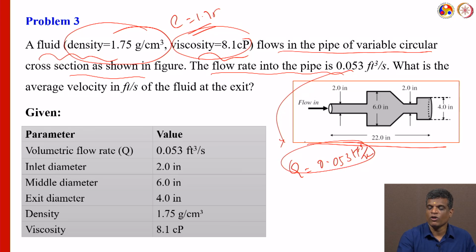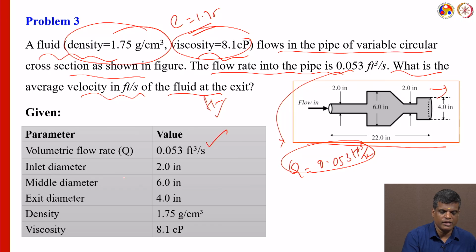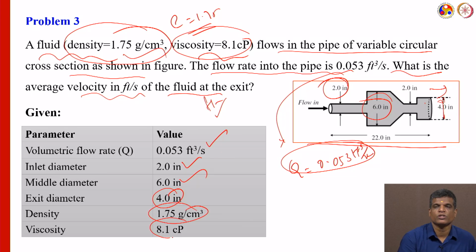Then they are asking what is the average velocity in feet per second of the fluid at the exit, when it goes outside. The inlet diameter is 2 inch, the middle diameter is 6 inch, then the outlet is 4 inch. The density is already given as 1.75, and the viscosity is also there.